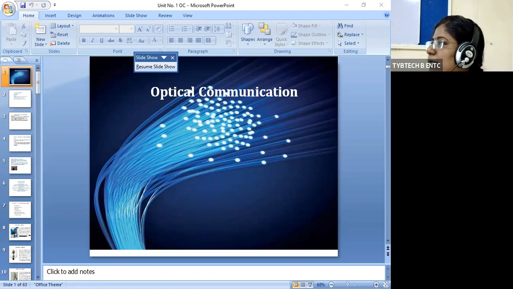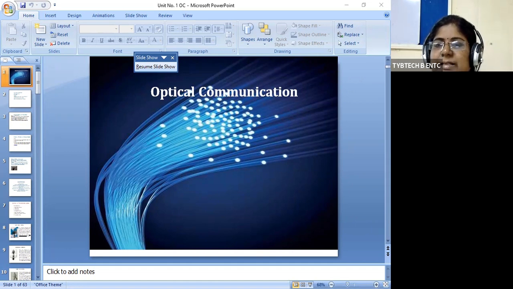Initially we have to send some signal from the transmitter to that satellite. It will process that signal and send it back to another Earth station. So from the first Earth station to the satellite is called the uplink, and from the satellite to another Earth station is called the downlink.